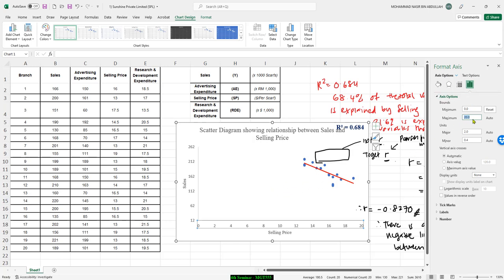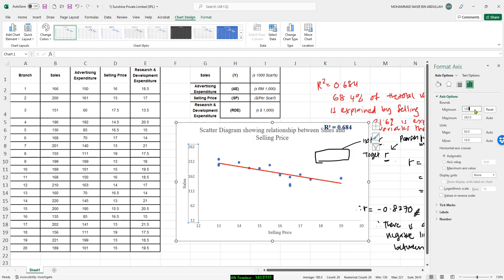And then kita letak daripada sini 12 lah, 12 ke 20, right? And then dekat sini untuk y axis kita letak from 120 to 240 lah, and then baru kita nampak.